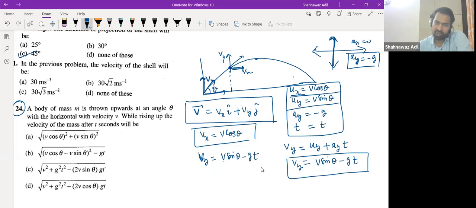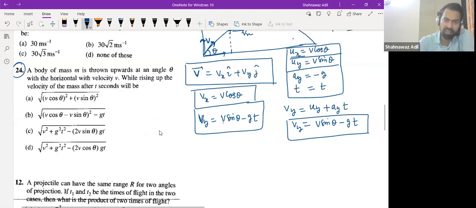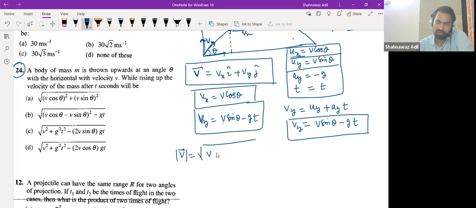So now we have Vx, we have Vy. Then we can calculate the magnitude of V, right? So what would be the magnitude of V? This would be root of Vx square plus Vy square. So Vx is V cos theta whole square and Vy is V sin theta minus gt whole square.